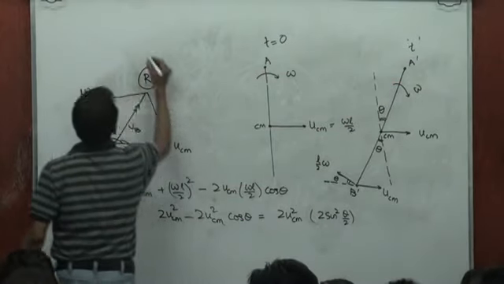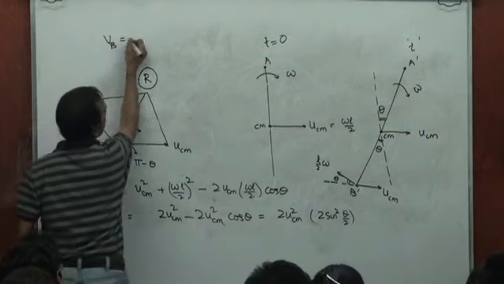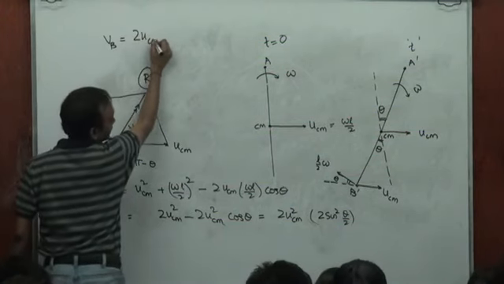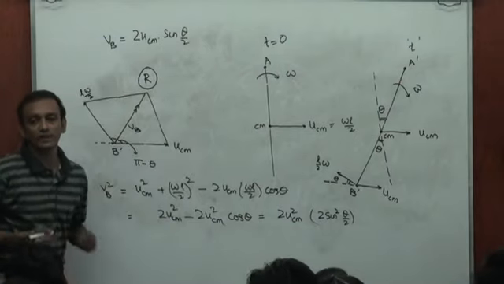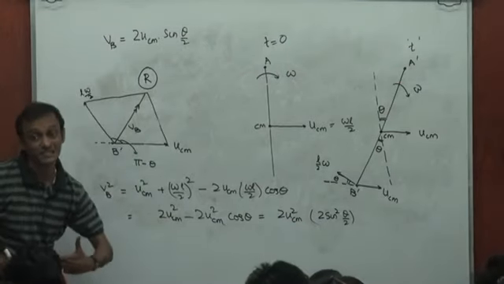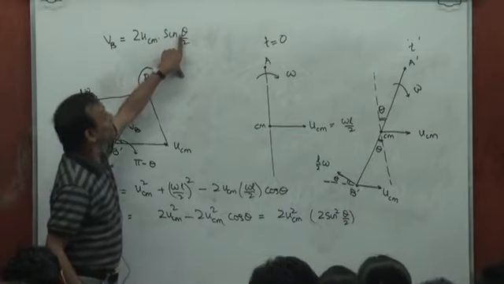Which leads to the velocity of the point B as 2 UCM into sine theta by 2, at this instant.